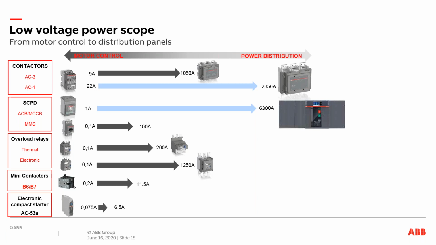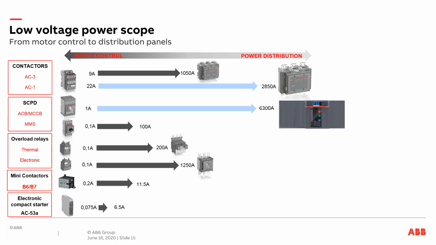So we have products from motor control to power distribution, as you can see in the slide. We have contactors in AC3 and AC1 category. One contactor can do both AC1 and AC3, and there are many more categories as well, which I will go through in my future slides. In the AC3 category, we have contactors from 9 amperes to 1050 amperes, and in the AC1 category 22 amperes up to 2850 amperes.